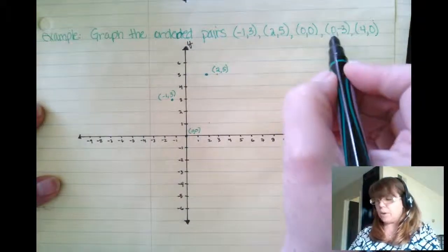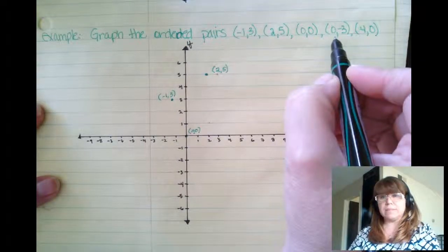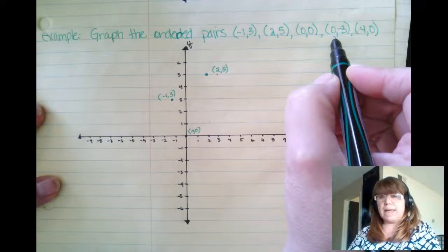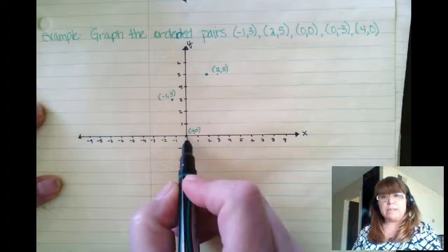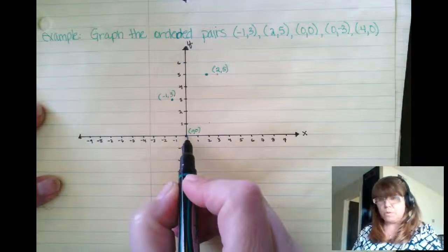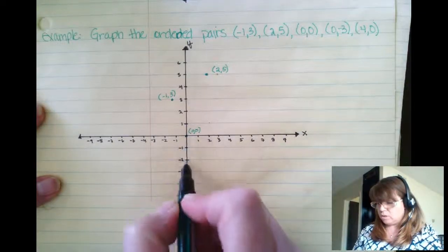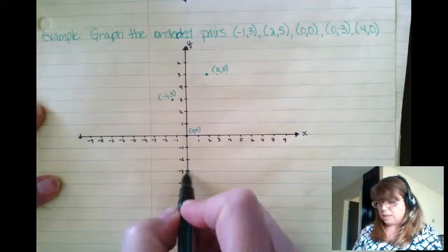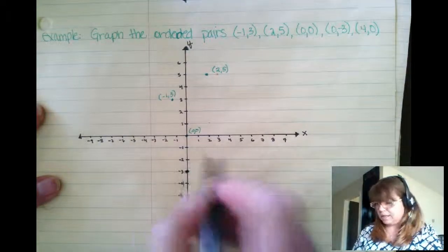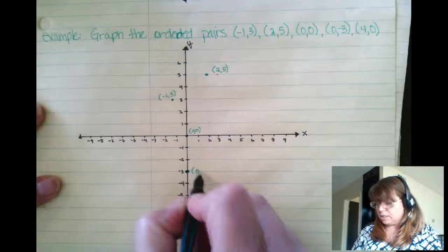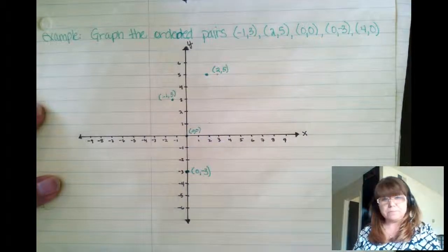Right? (0, -3), next point. So I start at 0, and my x is 0, so I don't move any to the left or right. But my y is negative 3, so I move down, 1, 2, 3. Again, I'm not moving left or right any. So my final position is (0, -3).